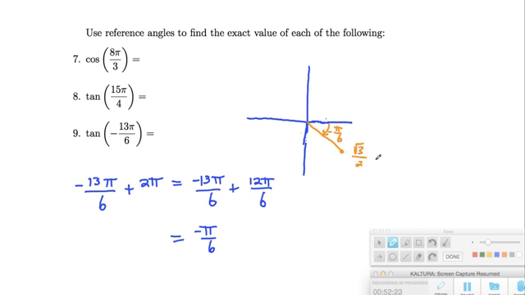So if our reference angle is pi over 6, remember that's the one that has square root of 3 over 2 first and 1/2 second. Remember, y values are negative in quadrant 4. We've got cosine first, sine second. So for tangent, if you're doing sine over cosine, then you've got negative 1/2 over square root of 3 over 2.